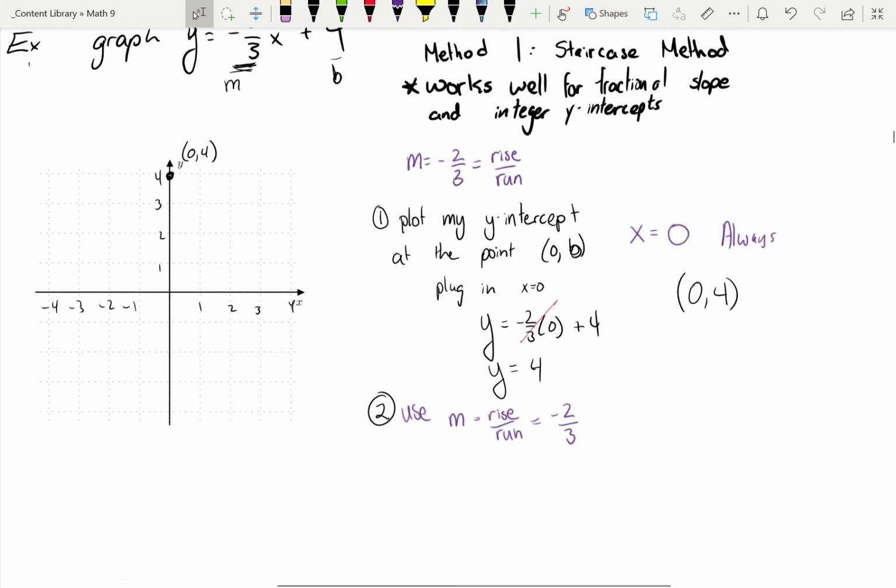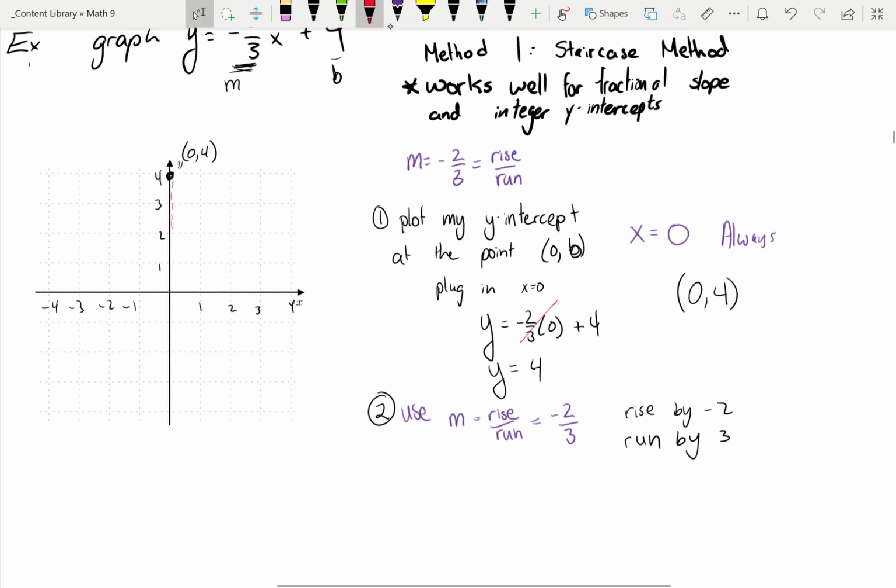So if I look at it, I rise by -2 and I run by 3. And I always kind of follow the pattern. I'm going to the right. So when I follow this, which way do I go, up or down? Well, if I'm rising by -2, rising by -2 means that I end up going down 2.